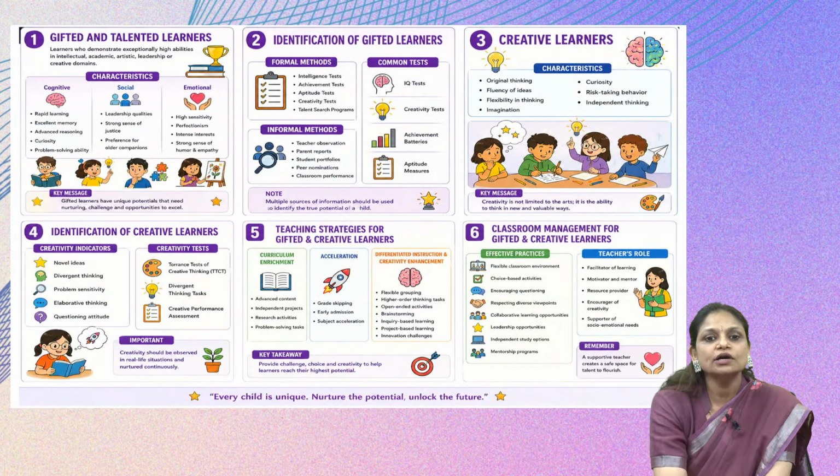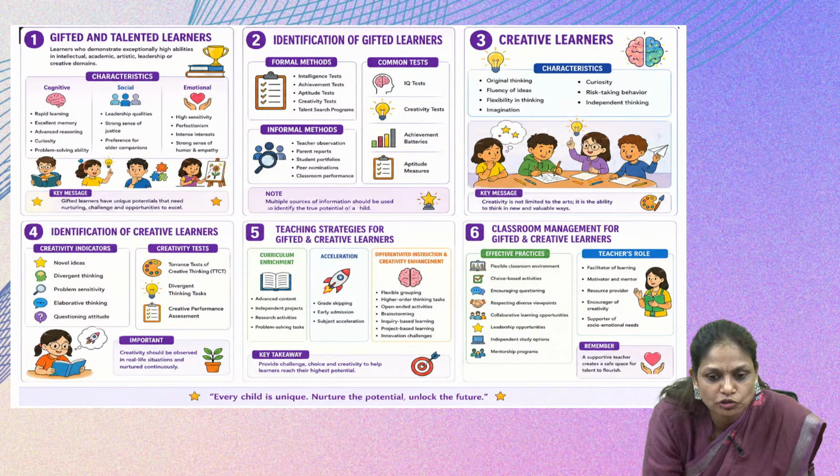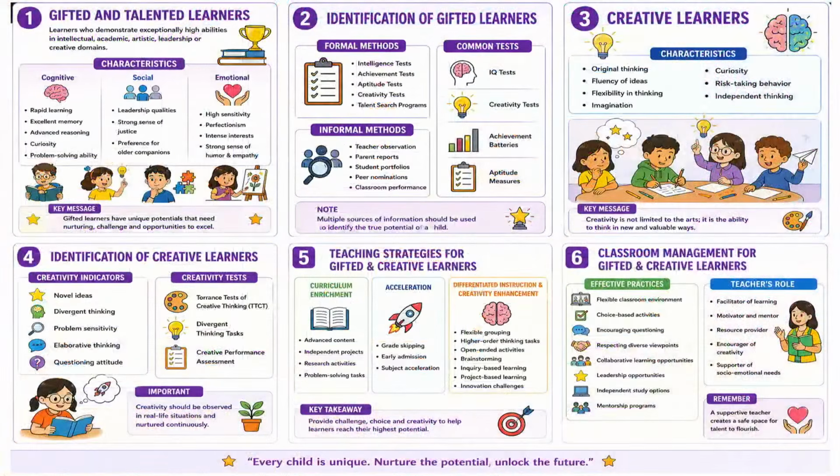Yeah. So looking at section 3, we have talked about gifted children, talented children, as well as specially able children. When you analyze the previous year question papers, you will see that most of the questions in inclusive education are covered from the gifted children, because this is also very important.